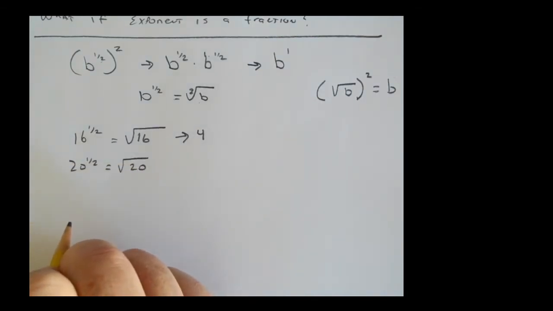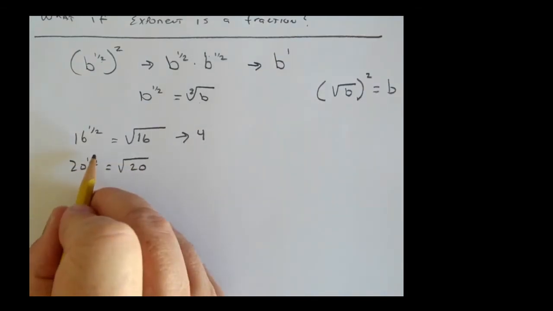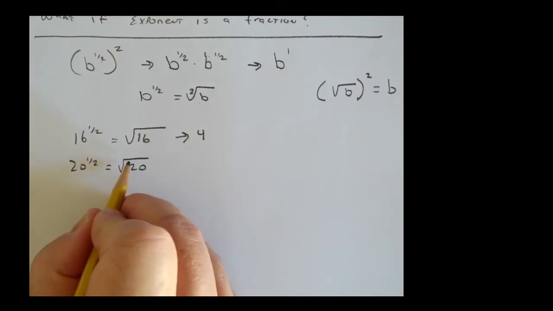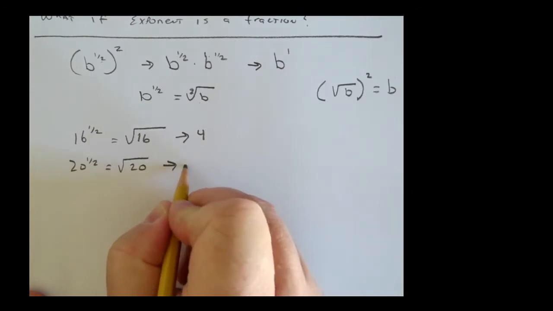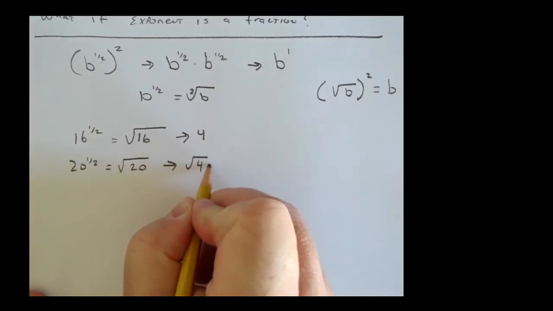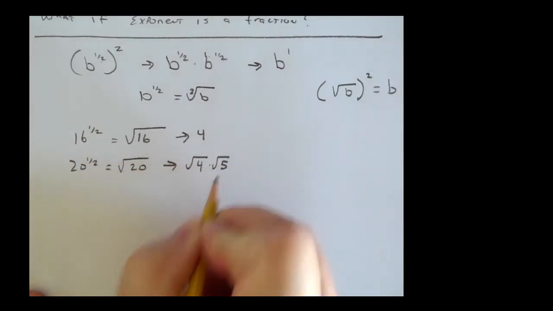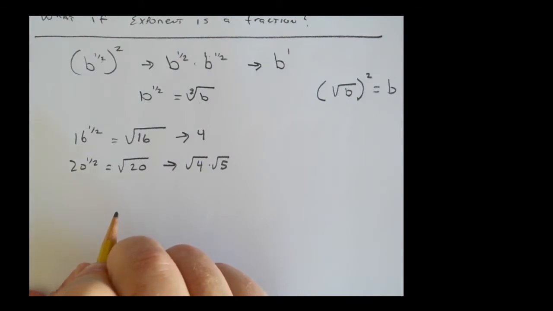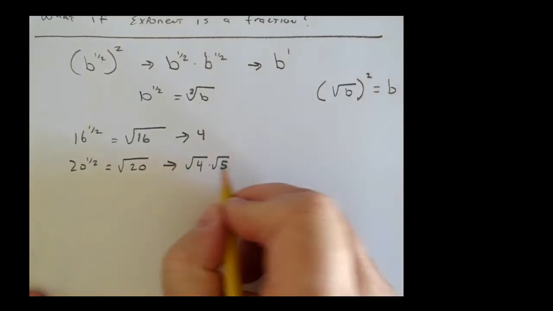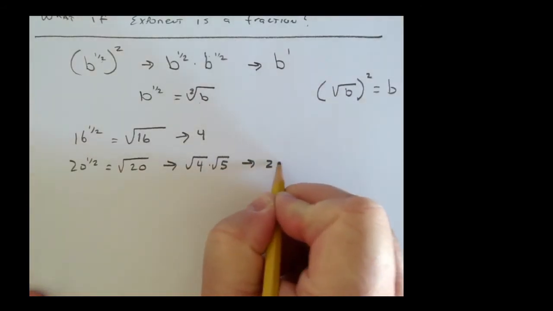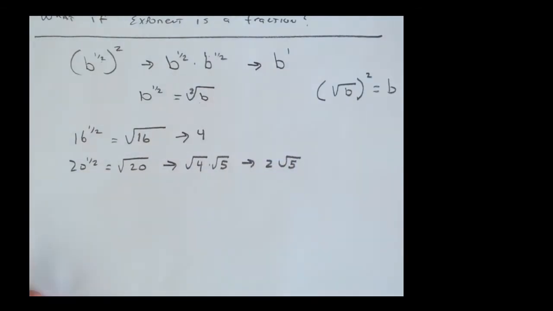The goal is to recognize when you see the 1/2 power, put it into the root form. And the square root of 20 is, if we're going to keep simplifying, square root of 4 times the square root of 5. So I'm getting a little simplification practice in for you here with simplifying the radicals. And square root of 4 is 2, so 2 square root of 5, right there.